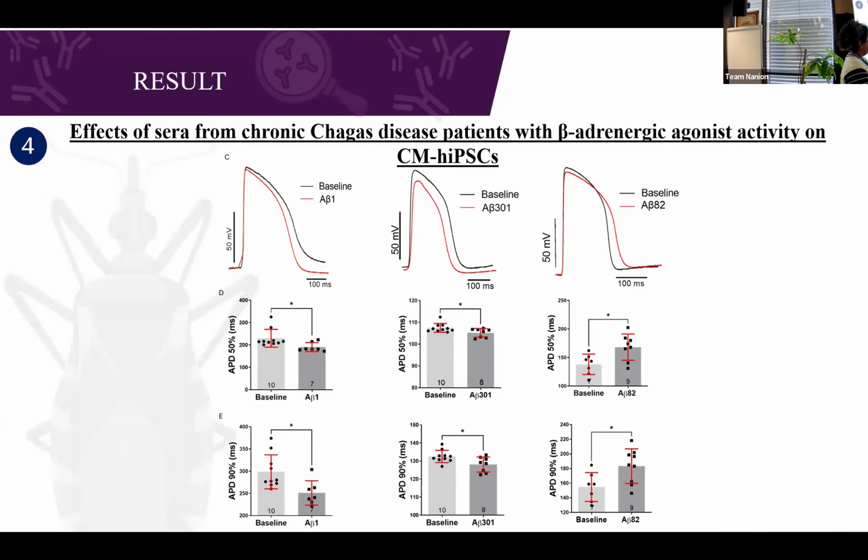Patients 1 and 301 decrease the time for repolarization at 50 and 90%. And patient 82 does the opposite; he increased the time. Another piece of data that I could not show here is that these patients also induce arrhythmia events, in about 50% of the plates analyzed, 70% here, and also 50%.